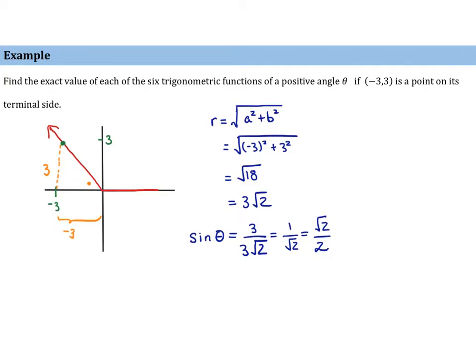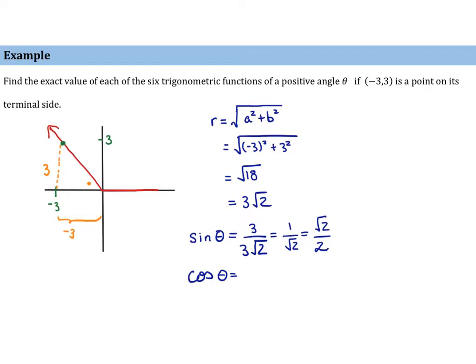Now let's look at cosine of theta. Cosine of theta is A over R. So A is negative 3 over R. Or you can look at this angle, and we can go adjacent, which is our negative 3. Now again, that's not really a side. That's not the length of a side. But it can feel like that's adjacent over hypotenuse.